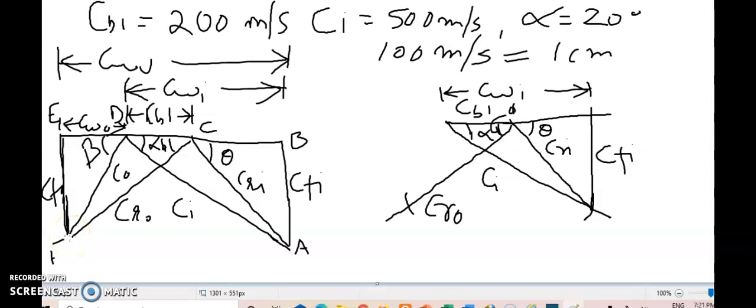So when F is obtained, C naught can be obtained by joining the left end of CBL to this point, and by drawing the perpendicular in the similar way as used here, we will obtain CW naught and CF naught. So what we'll do, we will join these two first, then we will drop a perpendicular here, then we will extend this line, and we will have the whole outlet velocity triangle. We can measure beta, we can measure CW naught from here, CF naught from here, C naught from here.